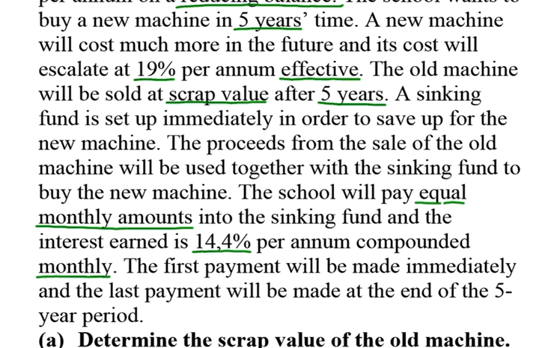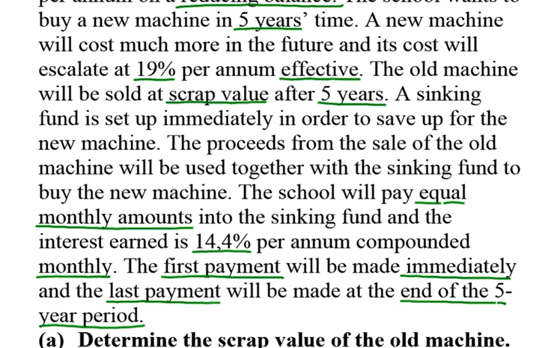The first payment, now this is very important, the first payment will be made immediately. And the last payment will be made at the end of the 5-year period. So it's very important when those payments are made. It's going to influence how we work on our formula. So let's go step by step.